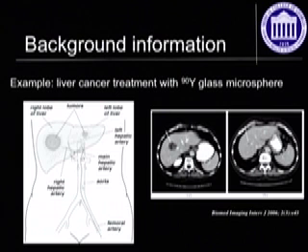solid microsphere. In this procedure, the doctor puts a tube in from the femoral artery, and then, guided by X-ray, they move the tube up to the hepatic artery, which is one of the two blood vessels that supply the liver.